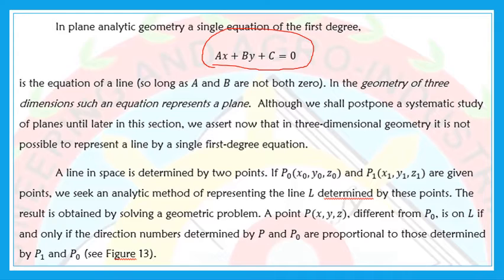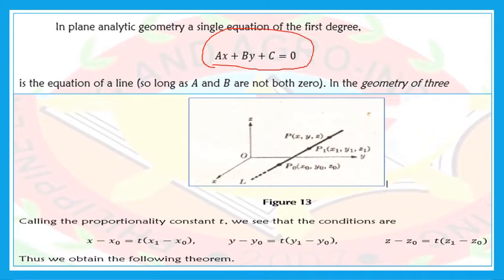A point P different from point P sub O, take note of that, is on L if and only if the direction numbers determined by P and P sub O are proportional to those determined by P sub 1 and P sub O. So in this figure, this is the point P, this is the point P sub 1 and then point P sub O. Point P and point P sub O are different.